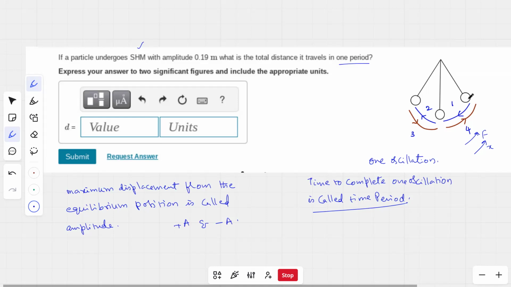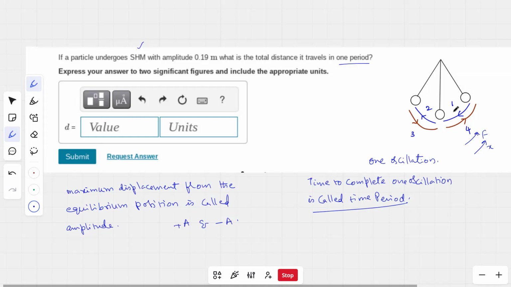But here what is happening, the moment we leave, the bob comes back to the equilibrium position. How is this happening? This is happening because of the force called the restoring force, which is inherent in the system. That force is pulling the bob to the equilibrium position. So that force and the displacement are oppositely directed.